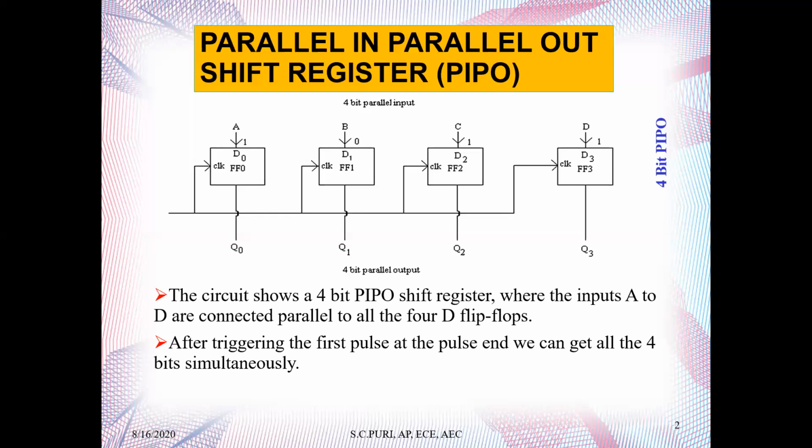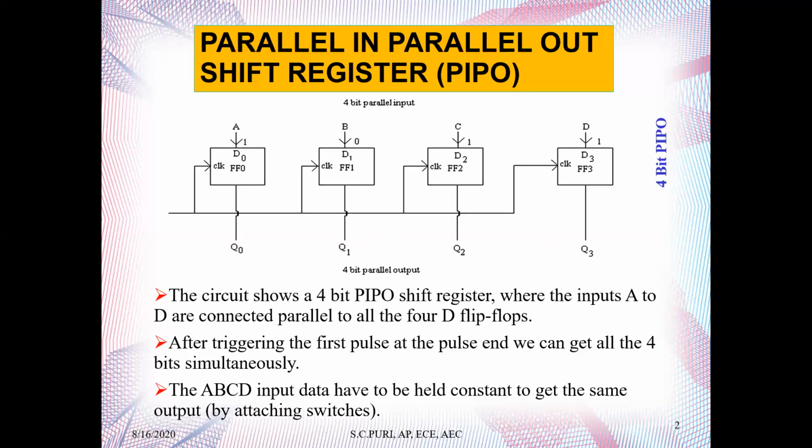That means with the first clock pulse, all the flip-flops will see inputs A, B, C, D, and in the first clock pulse only, the whole output will be taken, Q0, Q1, Q2, Q3. So it requires only one clock pulse to take input and output simultaneously.